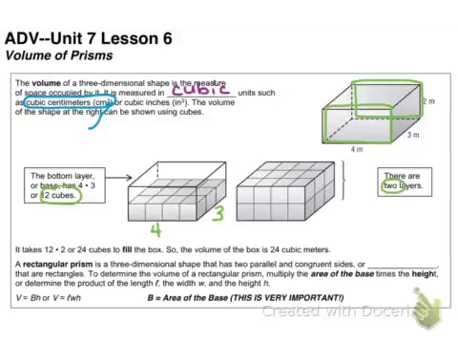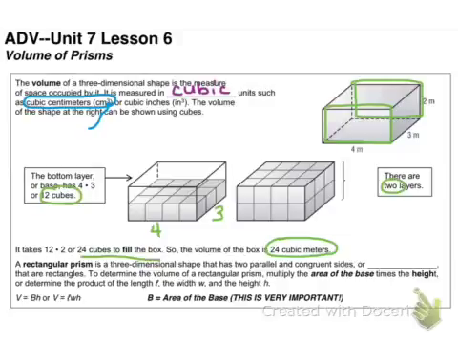But if I do another layer, so I stack a second layer of 12, that's going to be 24 cubes. So it takes 24 cubes to fill that box or that rectangular prism. So we say the volume is 24 cubic meters. But obviously that would not be a very efficient way to find volume if you had to fill everything with cubes and then count the cubes. So there is a formula that you can use, but that's just a good picture of exactly what we're doing when we measure volume.